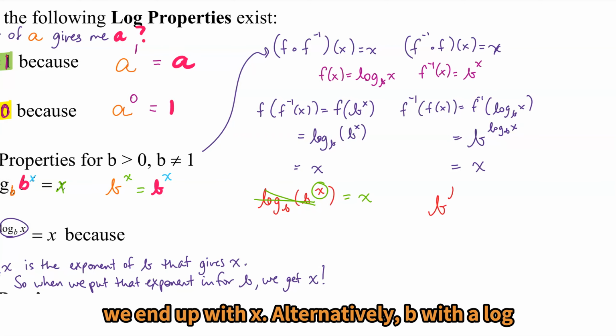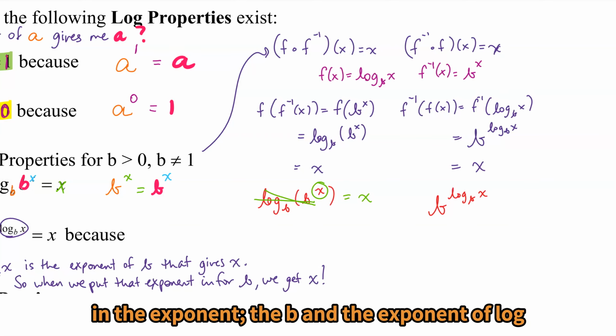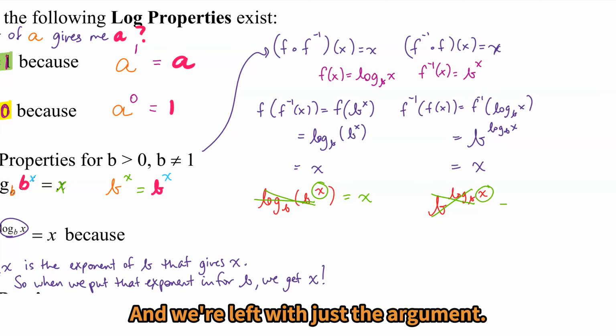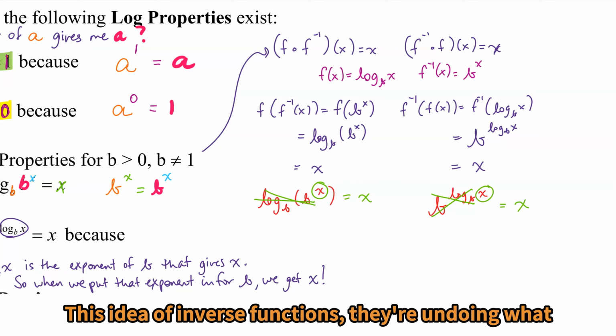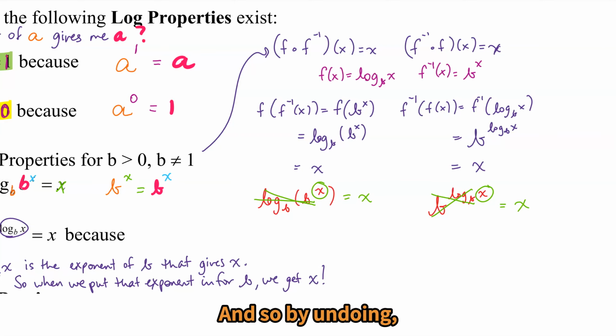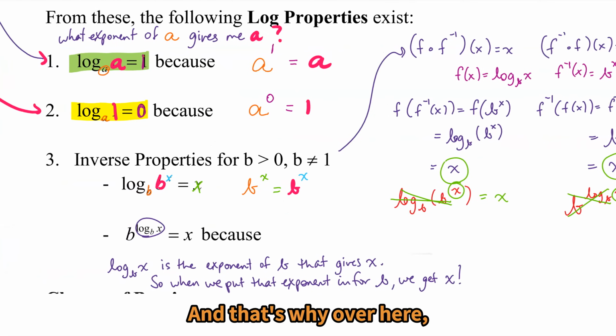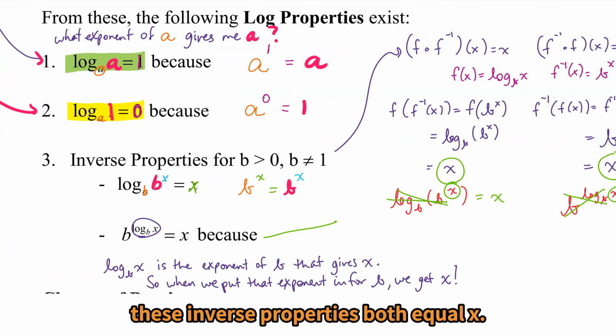Alternatively, b with a log in the exponent, the b and the exponent of log cancel each other out, and we're left with just the argument. This idea of inverse functions, they're undoing what the first function did. And so by undoing, we're just left with our input. And that's why over here, these inverse properties both equal x.